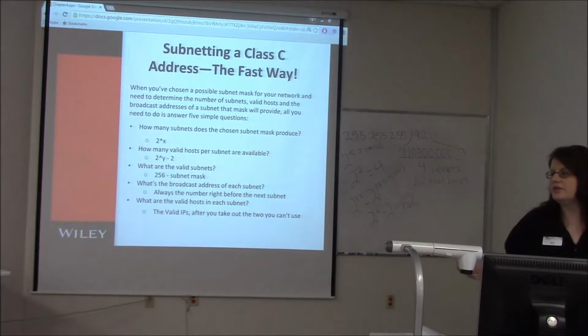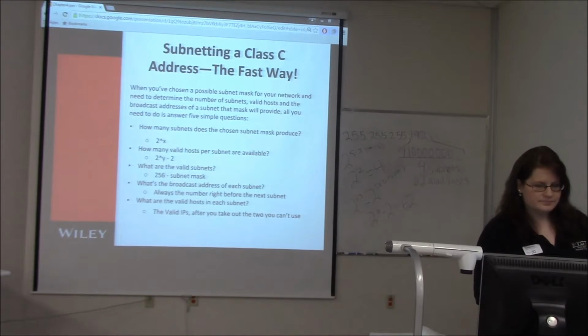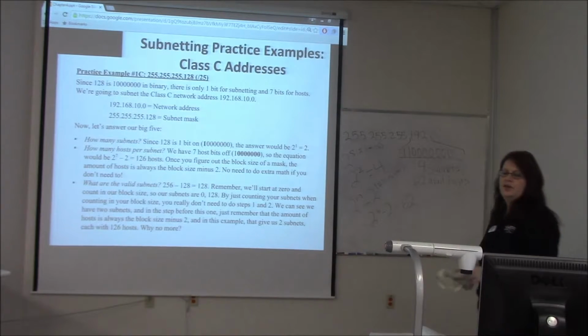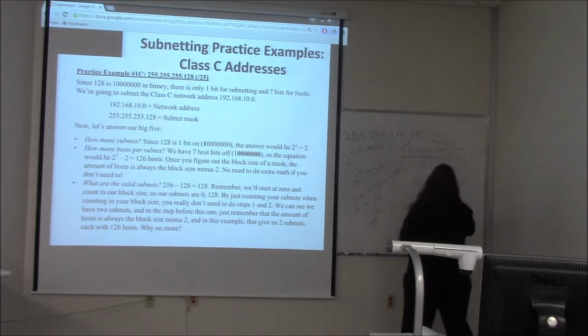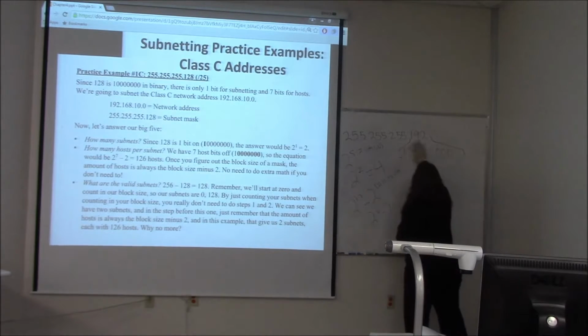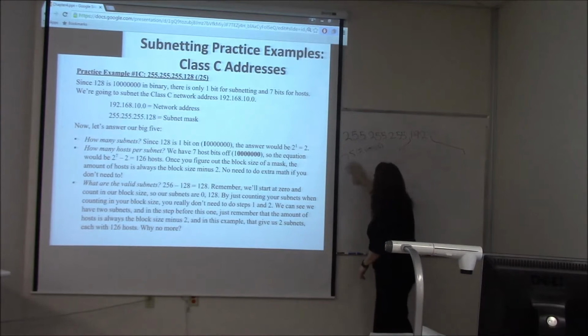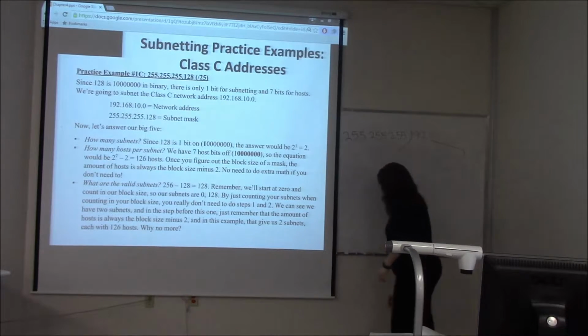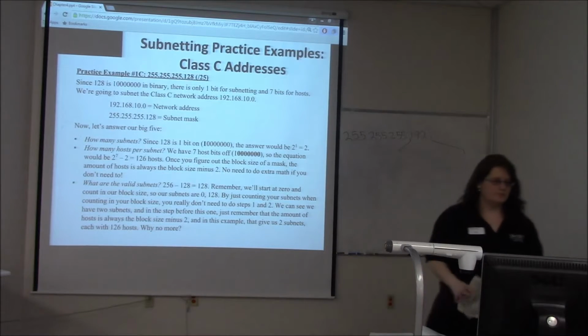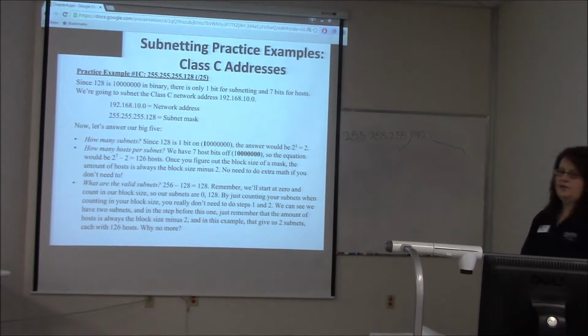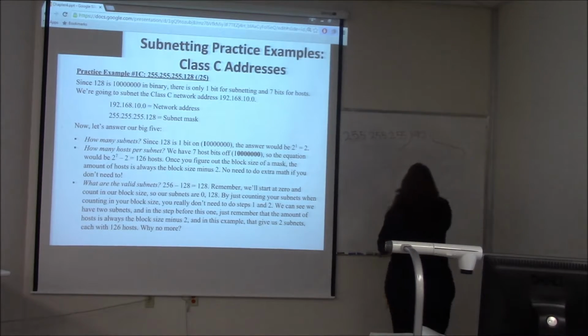Okay, well that's a big part of subnetting right there. So now let's do a full example of what this looks like. So in this example, we're going to use dot 128.